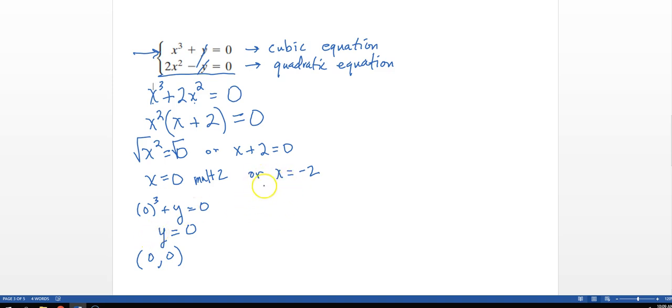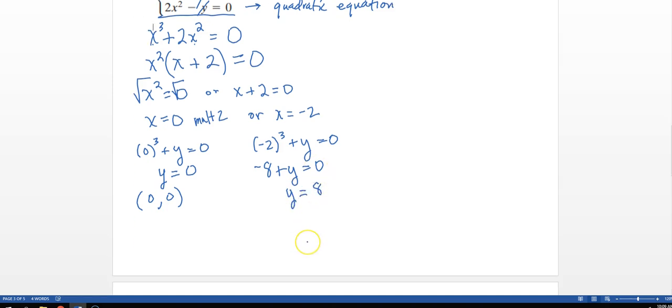And then when x is equal to -2, -2 cubed plus y equals 0, which means -8 plus y equals 0. Therefore, y is equal to 8. So our other solution is -2, 8.